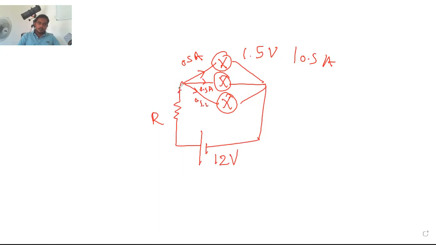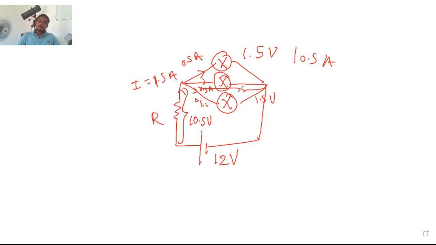So the total current here has to be 1.5 amps. And here it is 12 volt, and the working voltage of this is 1.5. Since it is 1.5, you have 10.5 volts here and 1.5 volts here.